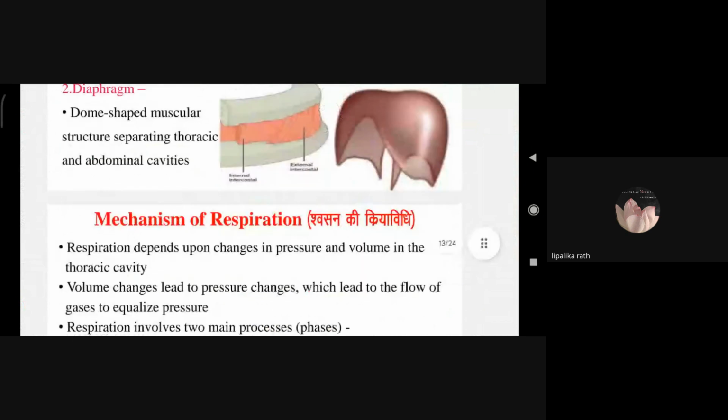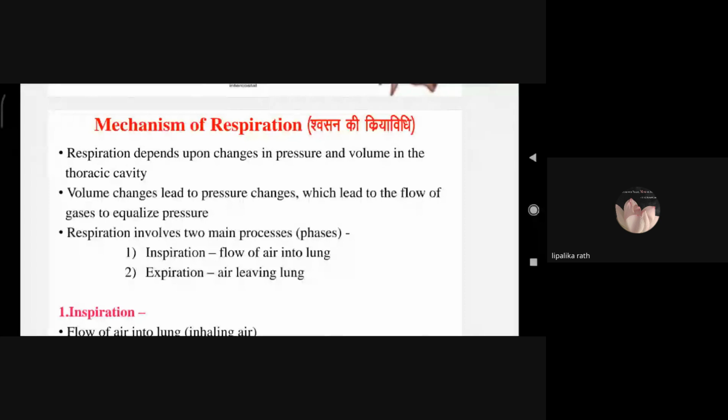Now, mechanism of respiration. Respiration depends upon changes in pressure and volume in the thoracic cavity. Volume changes lead to pressure changes, which lead to flow of gases to equalize pressure.